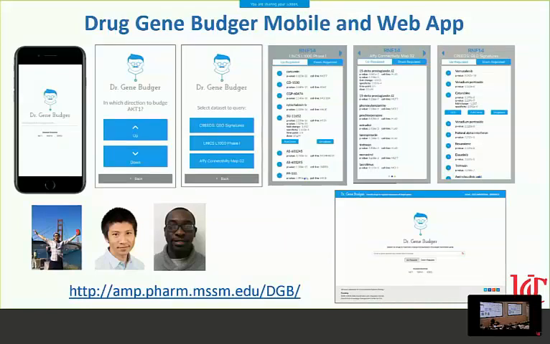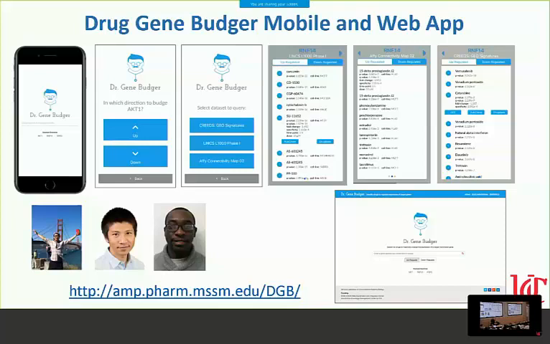So I mentioned how searching for a specific drug that can turn on a specific gene can be very misleading, but actually people want it. People ask for an app that gives you my gene, and then you can search for a drug that's either going to turn the gene on or turn the gene off.